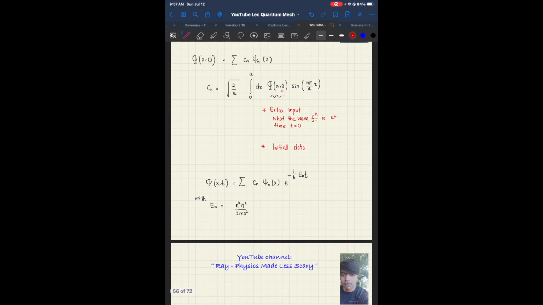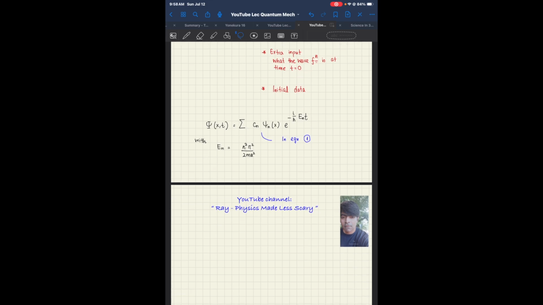So now I have solved for everything, with Cn given in equation 1, which of course, again to highlight, depends on the initial wave function. I now know the full quantum mechanical wave function, with the energies given in this manner with n.